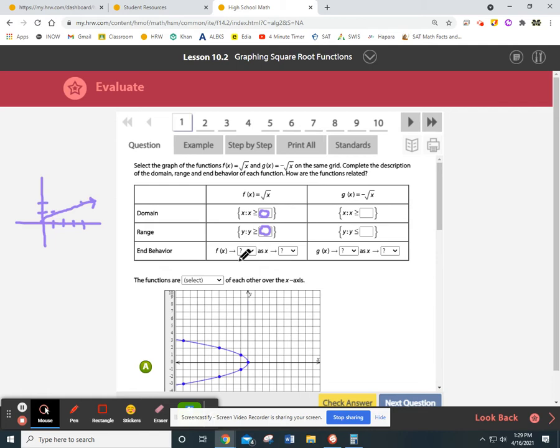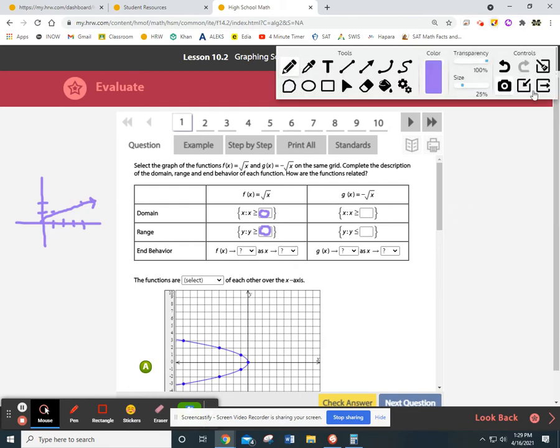Let's talk about end behavior. What is happening to the y's as the x's approach, and we can select that. My y's are approaching positive infinity as the x's are also going towards positive infinity.